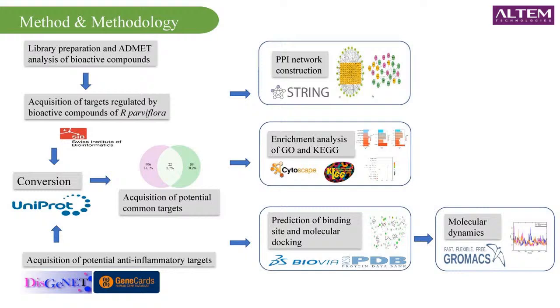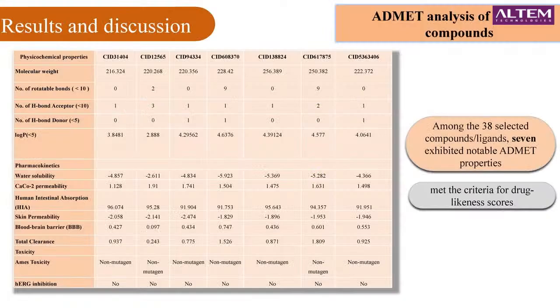For GO we used a plugin, BiNGO, from Cytoscape, and for the KEGG analysis we used the ShinyGO server. Then we went ahead with the retrieval of the protein structures from the Protein Data Bank and performed docking, and then the dynamics studies. These are the results.